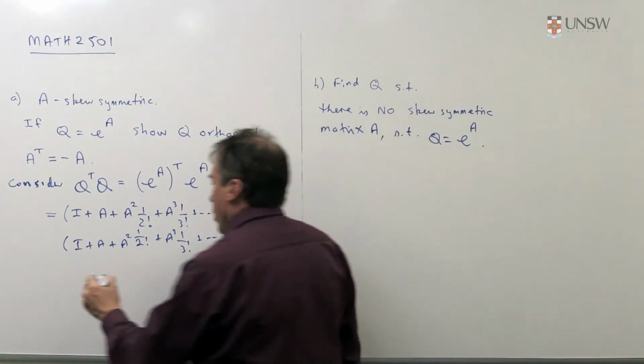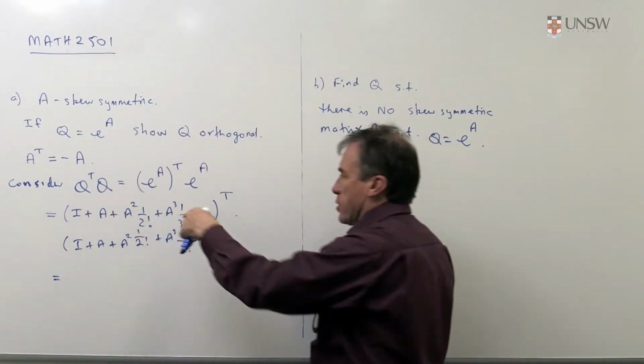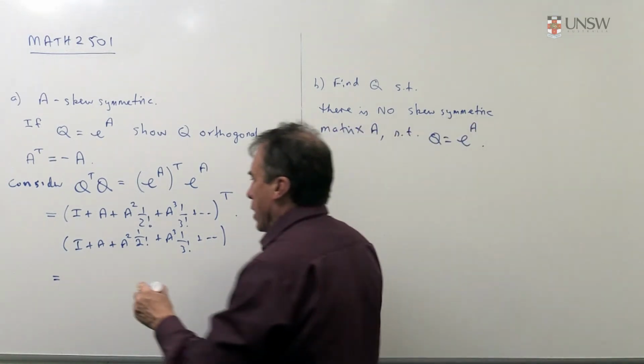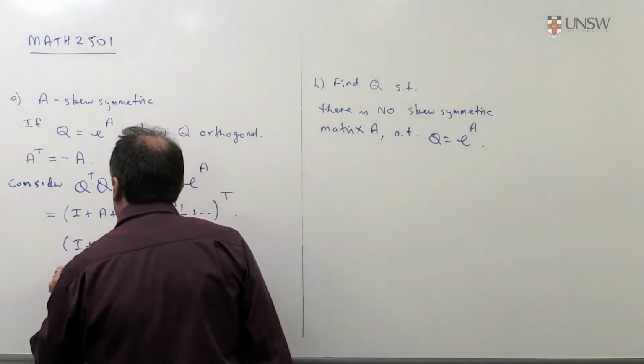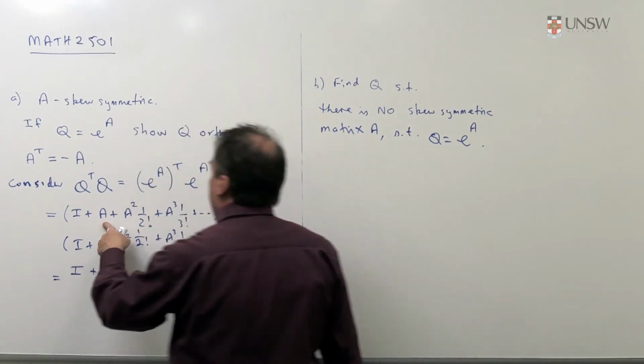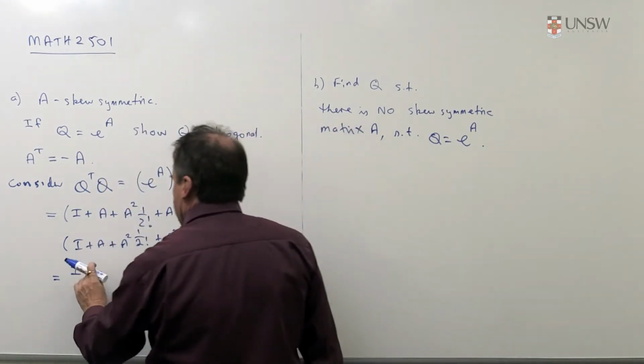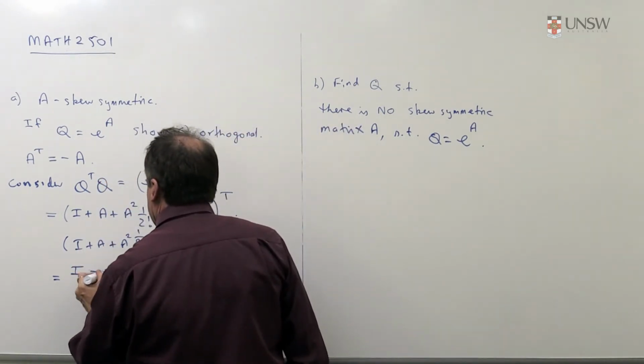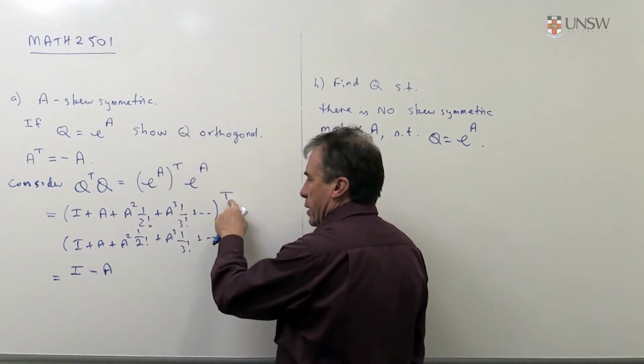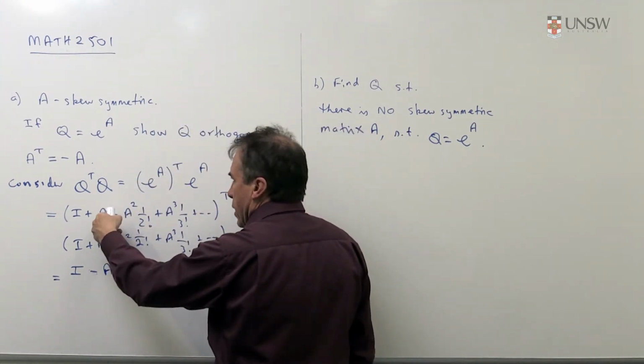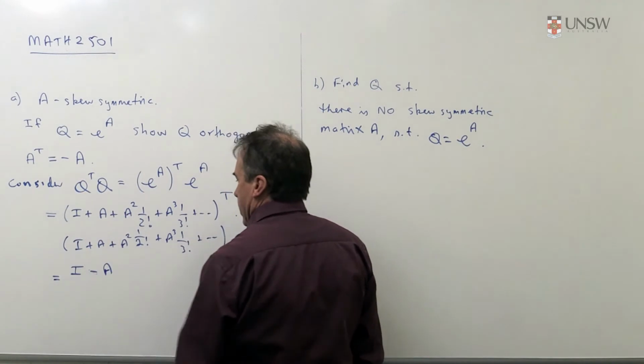Now when you transpose a sum of matrices, it's just the sum of them all transposed. So you transpose I, you get I. You transpose A, A transpose becomes minus A. So just notice that. I take the transpose of this matrix, I get A transpose is minus A.